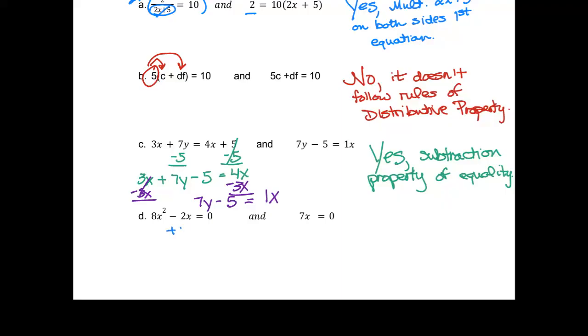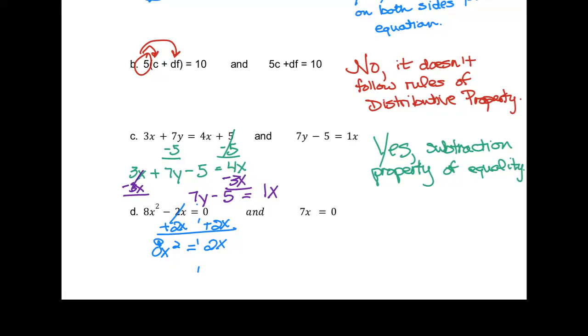Let's see, add 2x. So if I add 2x over here, that cancels out. I get 8x squared equals 2x. Well, that's not quite there yet. I don't think that's going to work.